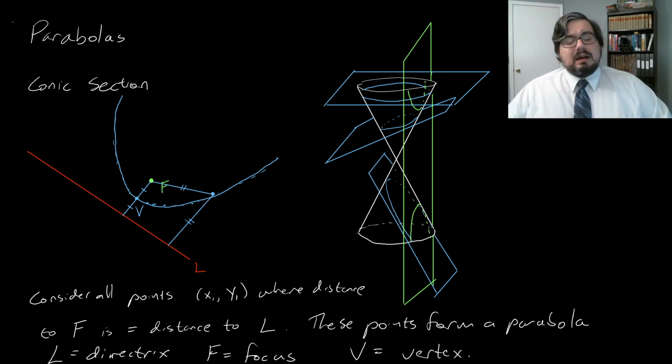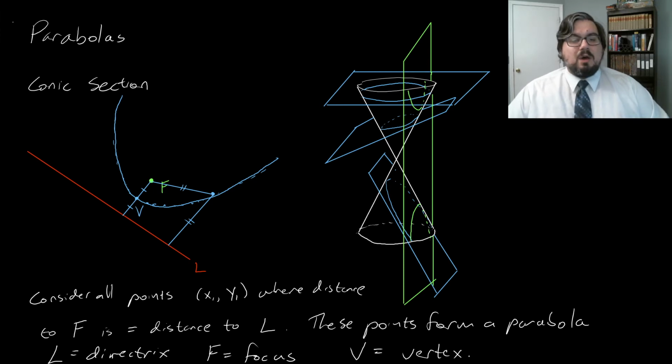We'll see at the end of the lecture why the point F is called the focus. It's actually for very good reason, which has a million different applications in the real world. The directrix, we're not going to be getting into the name of that so much. It's part of the definition of the parabola.